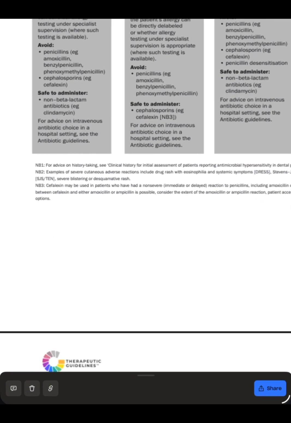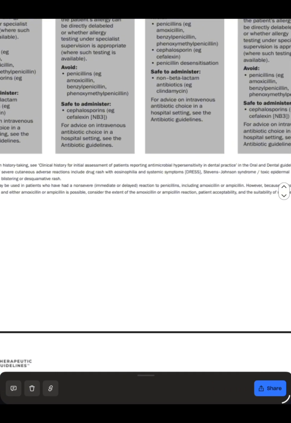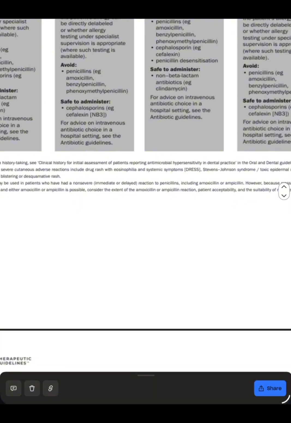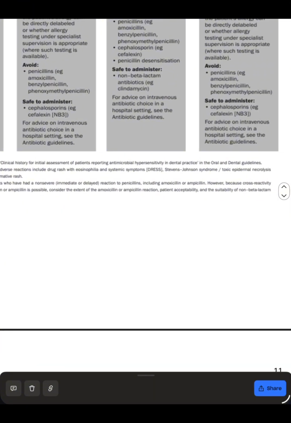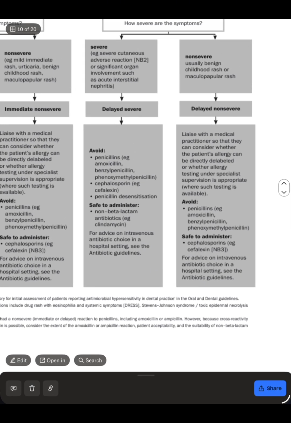Drug rash with eosinophilia and systemic symptoms, which we call DRESS, Stevens-Johnson syndrome, or toxic epidermal necrolysis, TEN, severe blistering or desquamative rash. So those are all the severe kind of delayed reactions from penicillin hypersensitivity.